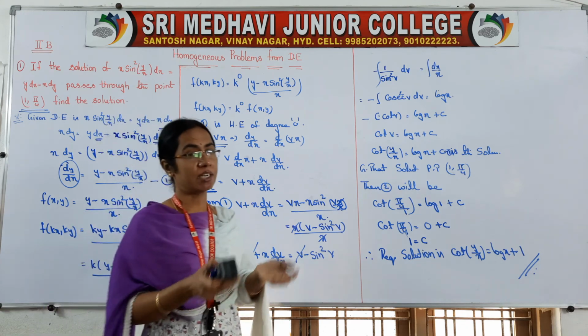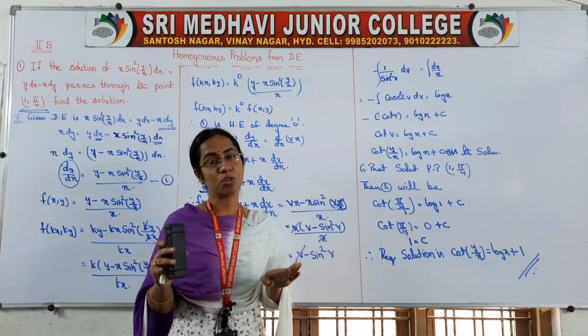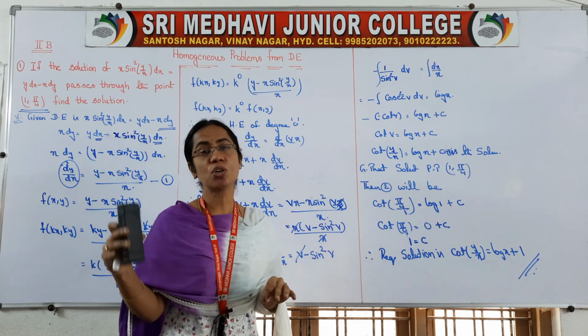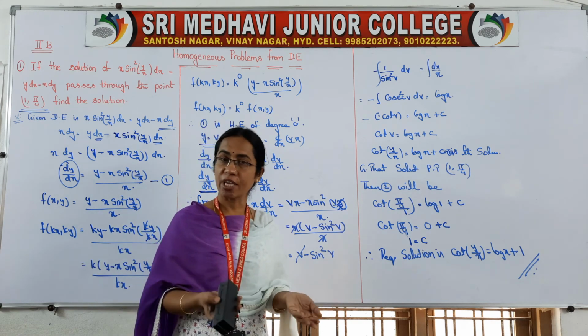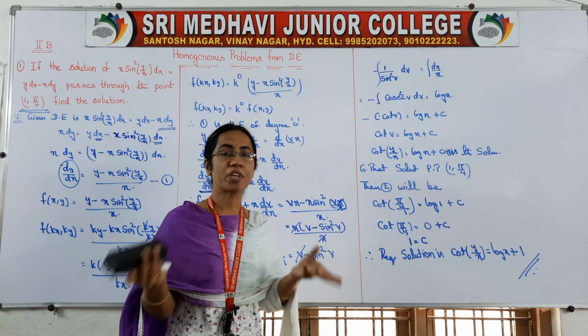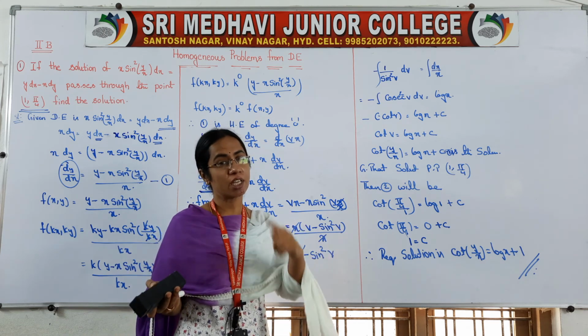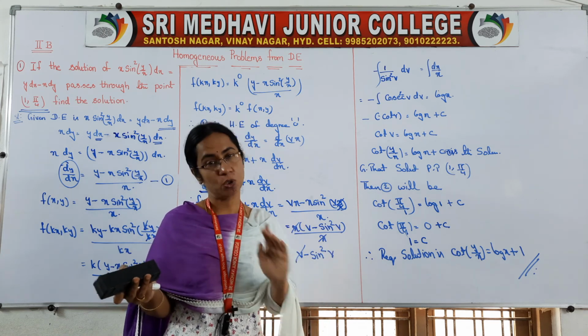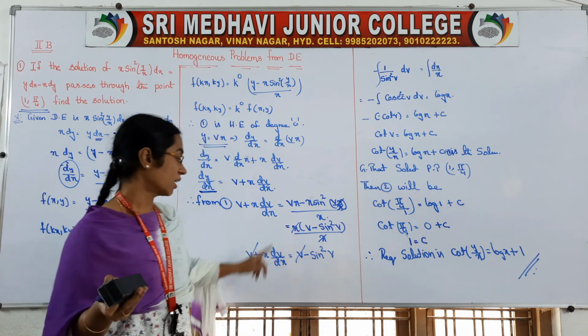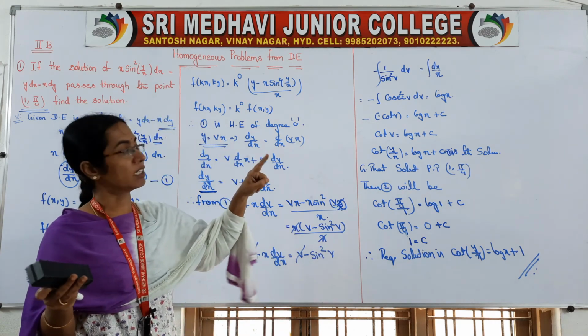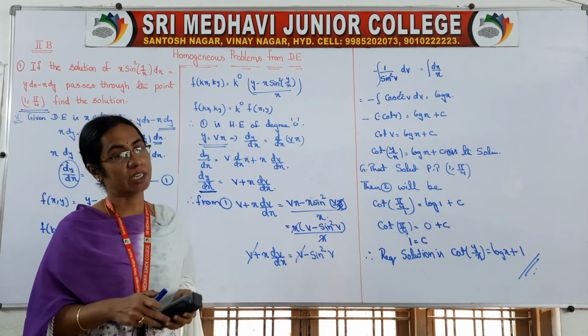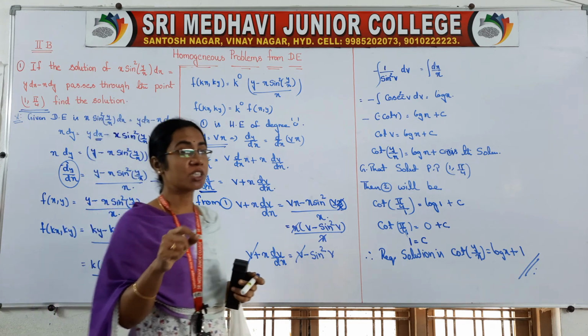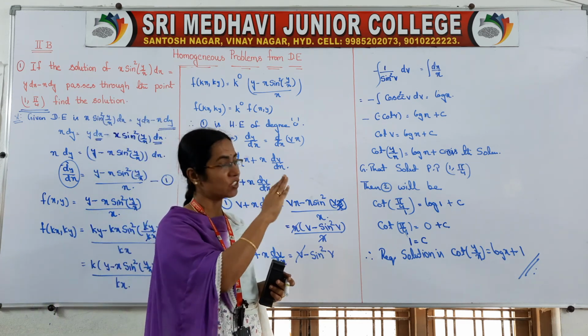So we can separate all the v terms together into dv, all the x terms into dx. Nothing but variables are separated. So it is the variable separable method. Now take the integration for both sides, and you will get one solution. Generally we will stop there.